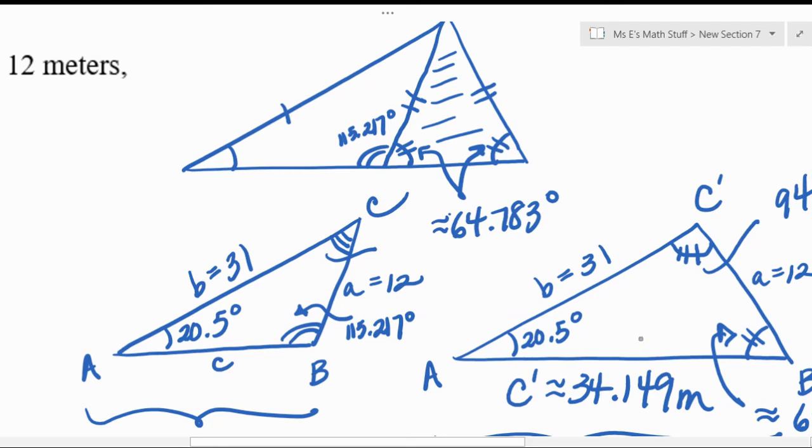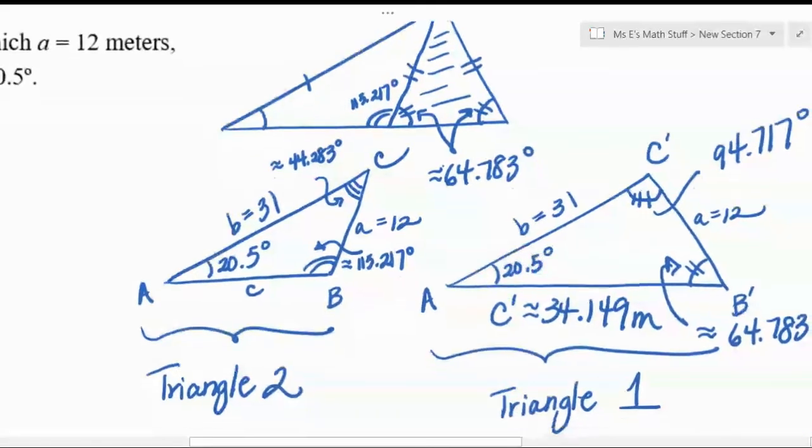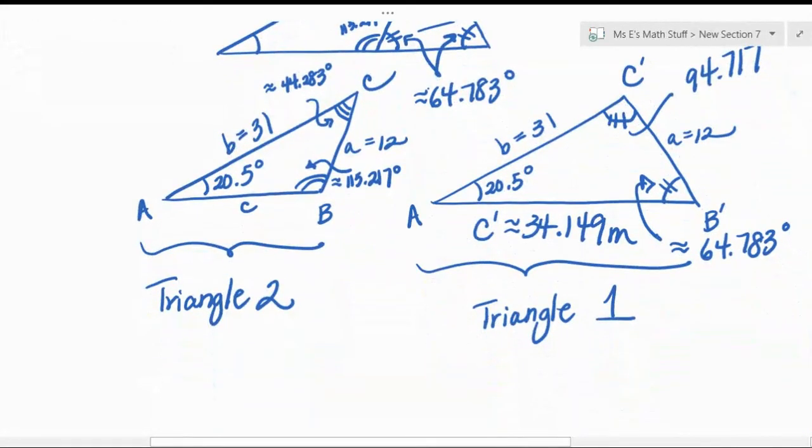So the measure of angle C would be about 44.283 degrees. There we go. All right, and now all we'd have to solve for is side length C. So we'll just set up a little ratio and get it done.